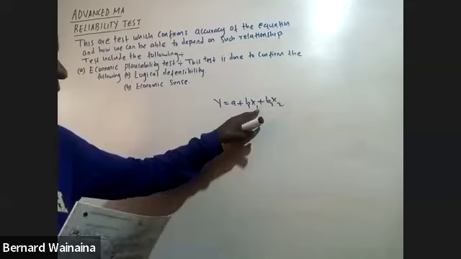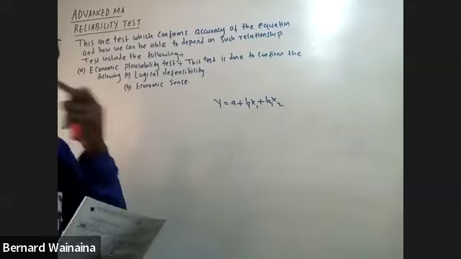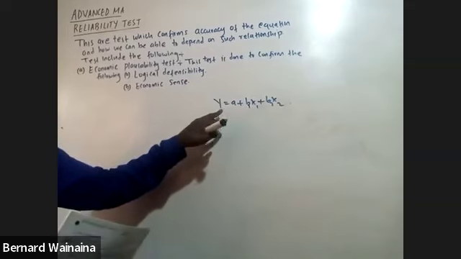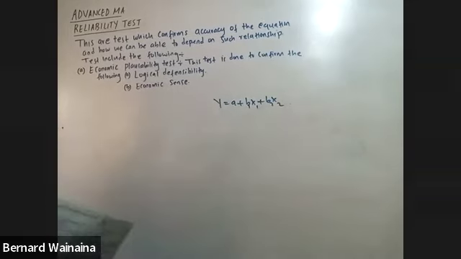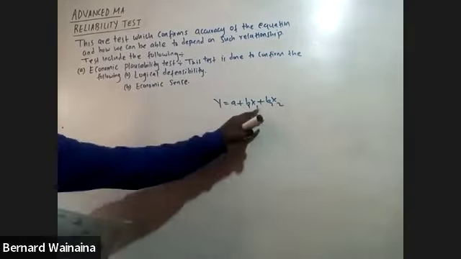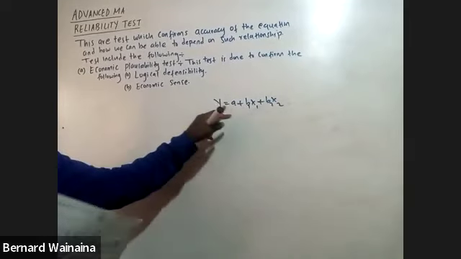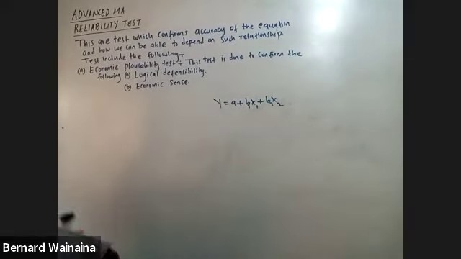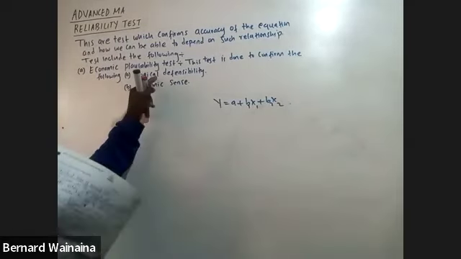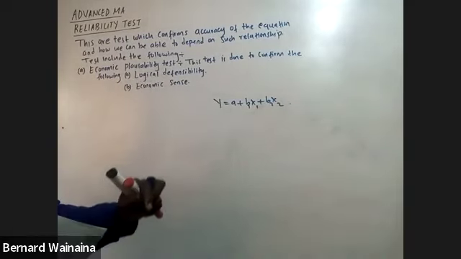Will the same x have the same magnitude of effect on y? If the changes in circumstance will not affect the change in y, we can say that the equation is logically defensible. So regardless of changes in circumstance, the value of x will affect y in the same manner. It will not change. That's what we call logical defensibility.